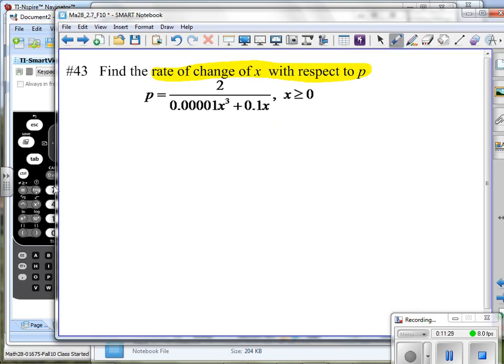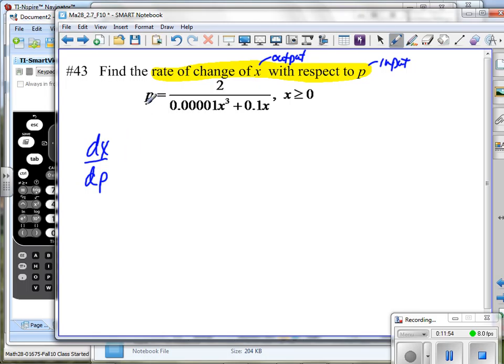Okay, with respect to p. Yeah, this is what we're going to have to do. dx dp. Not what we usually see, not what we think we're going to always see, but this variable right here is the output variable, and this one is the input variable. We read it this way, but we don't often see it in writing. And so we want dx dp.